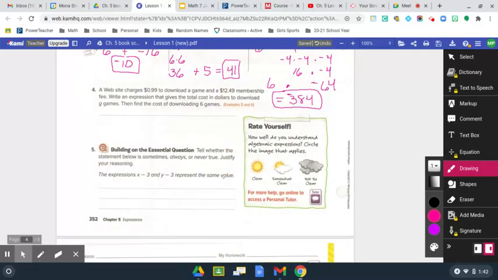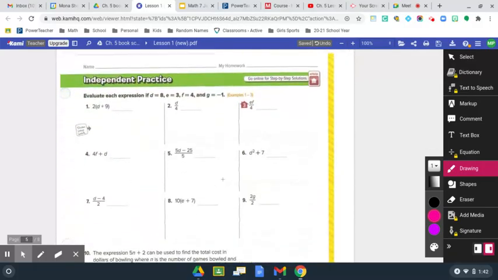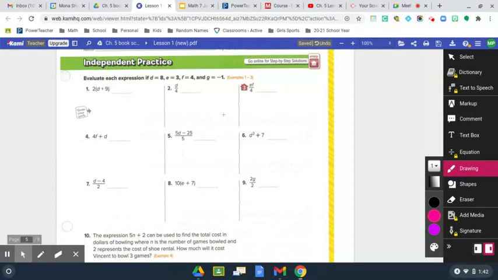Okay, so I'm going to have you try a few. You're going to go down to independent practice, and you're going to do the ones specifically I share with you, not all of them. I would like for you to try number 3, number 4, number 6, number 7, and number 9.